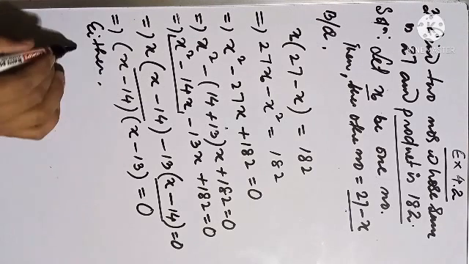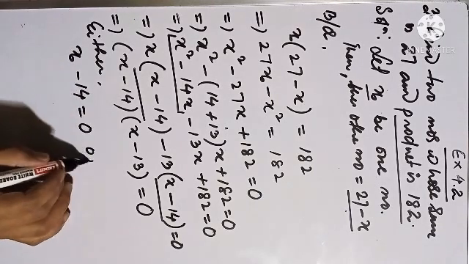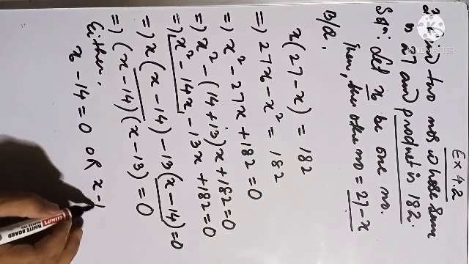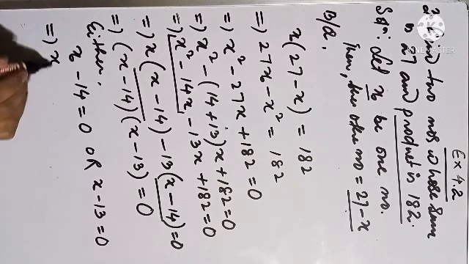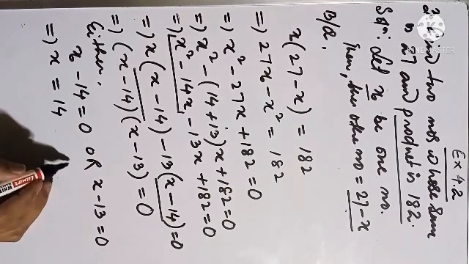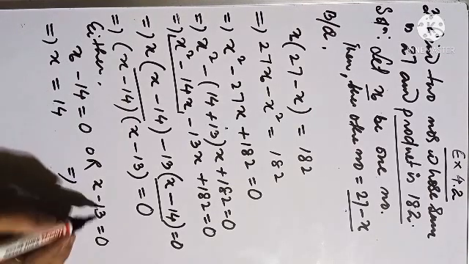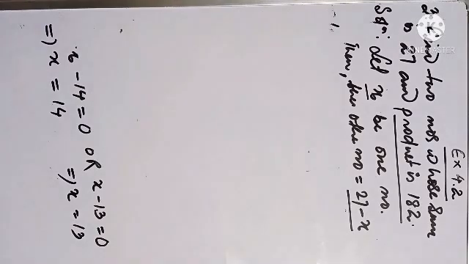Either x minus 14 equals 0 or x minus 13 equals 0. This implies x equals 14, since minus 14 goes to the other side and becomes plus 14. And when minus 13 goes to the other side, it becomes plus 13. We get two different values of x, one is 14 and the other is 13.